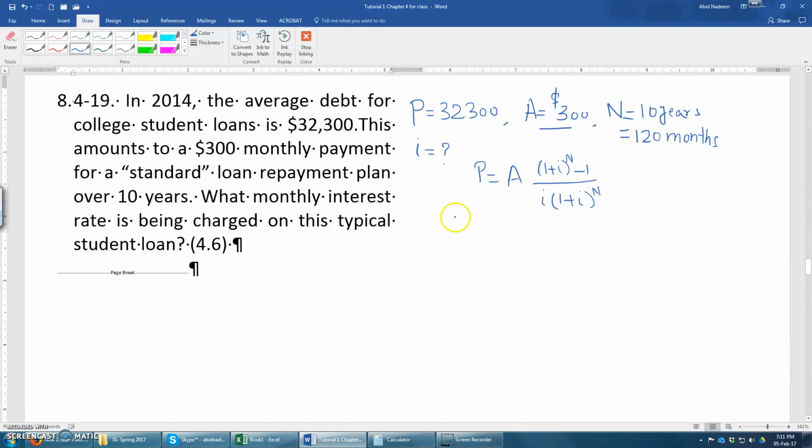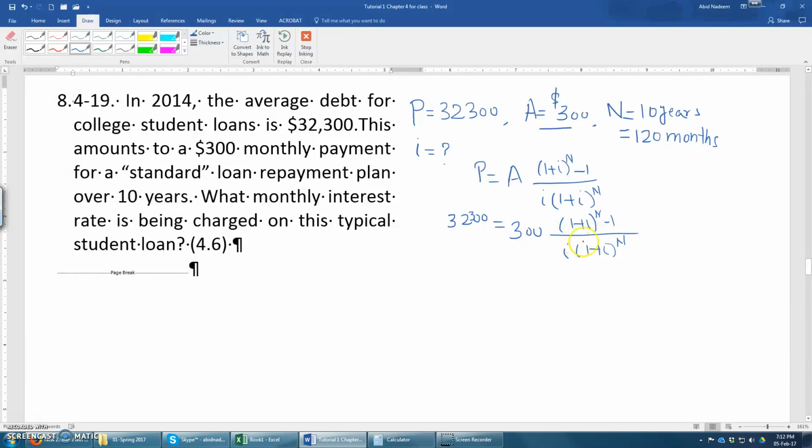If you input these values, 32,300 is equal to 300 into (1 plus i) power n minus 1, over i into (1 plus i) power n, and n, the value of n, is 120 months.